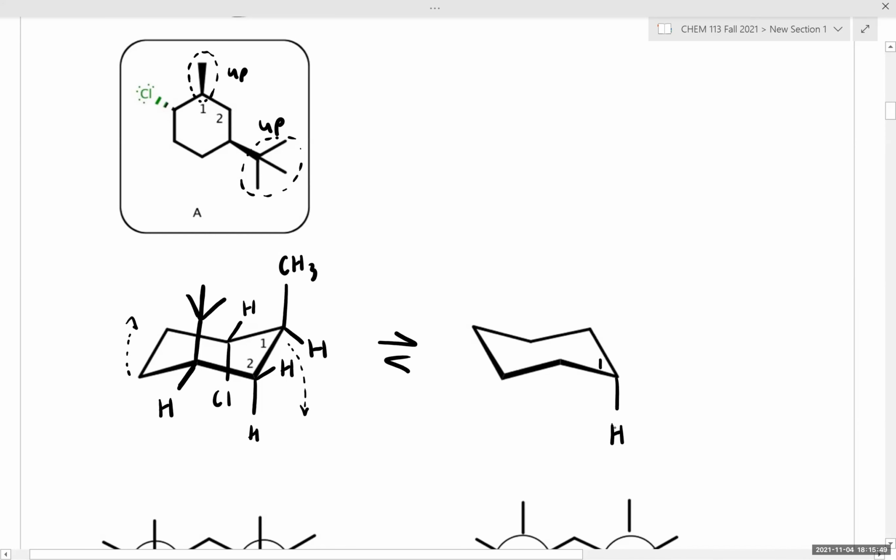So in this case, our methyl is still pointing up, except it's now in the equatorial position. The chlorine is still pointing down, except it's in the axial position. And the hydrogens are still just hydrogens. The tert-butyl group on carbon 4 is still pointing up, except this time it is in the equatorial position. So we've drawn out each of our chair conformations for the following molecule.